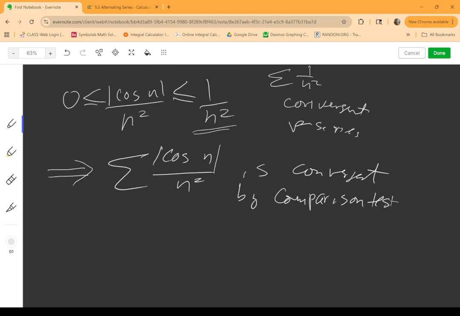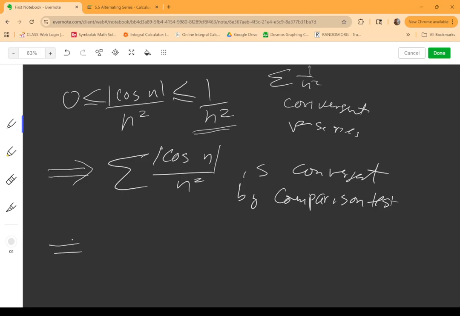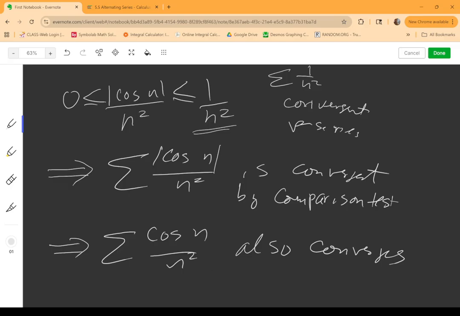Well, that means that the series here is absolutely convergent, since the absolute value converges. So what does that tell me? Referring back to our theorem, the absolute value one converges, so this one also converges. That implies that cosine n over n squared also converges because of this absolute convergence.